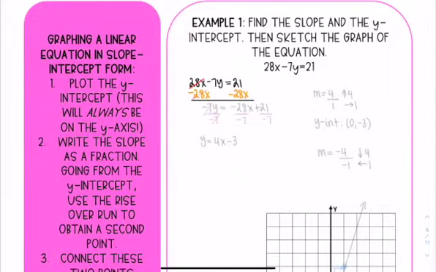And so it cancels on the left, and we have negative 7y equals negative 28x plus 21.